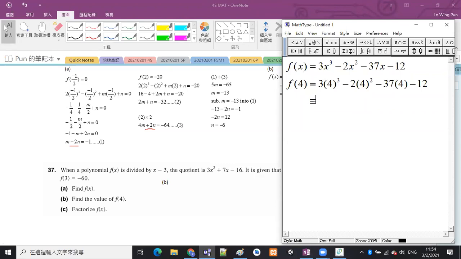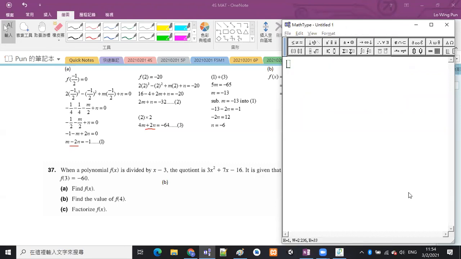So I think it is equal to 0. Okay, f(4) is equal to 0.